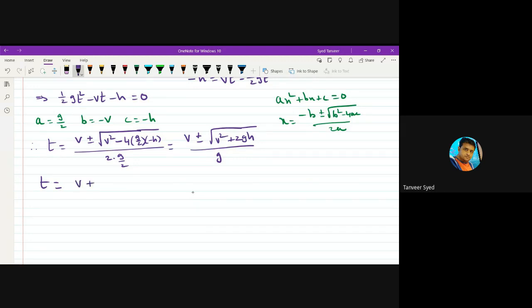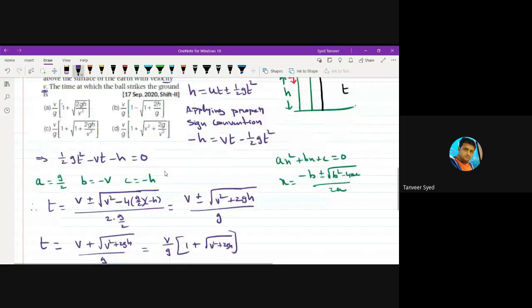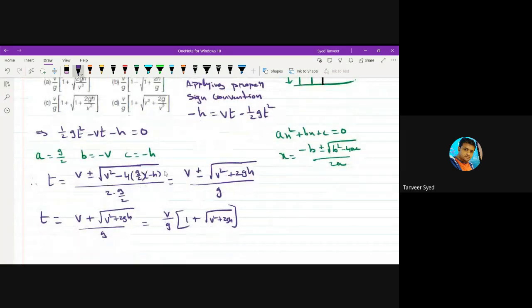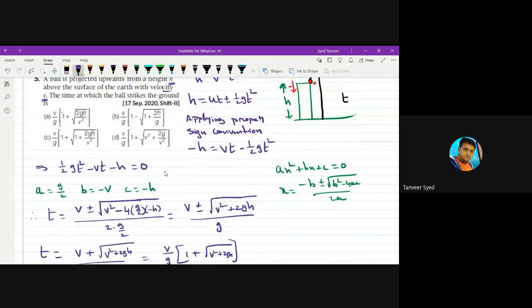V plus root of v square plus 2gh by g. Take out v by g common, v by g into 1 plus root of v square plus 2gh. If you look at the options, again in root, you have 1.